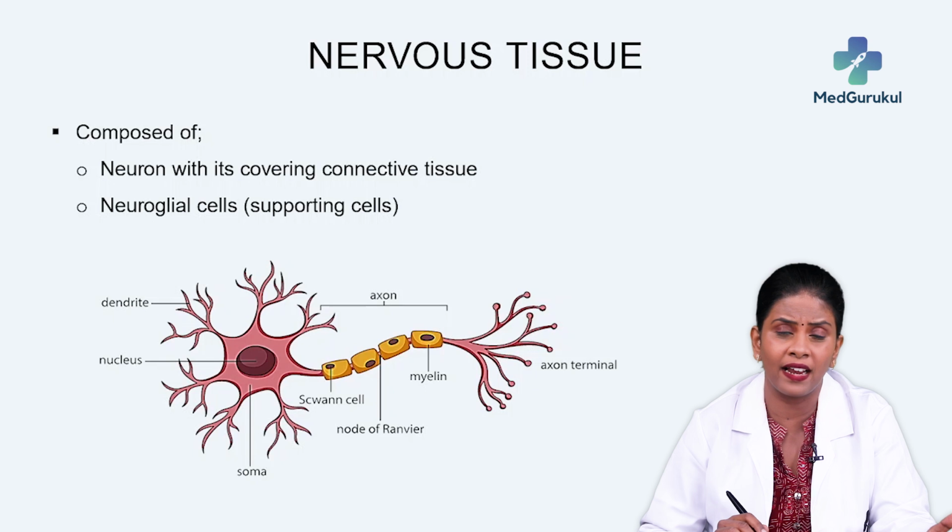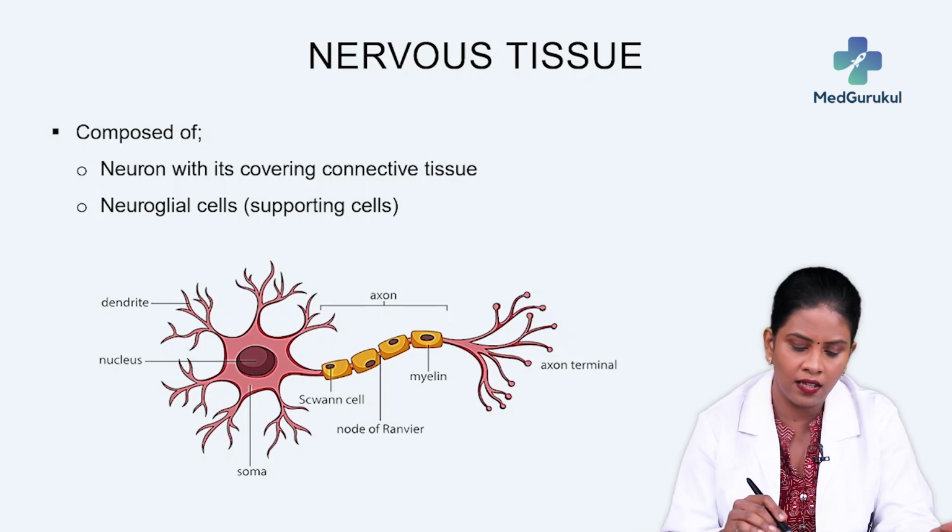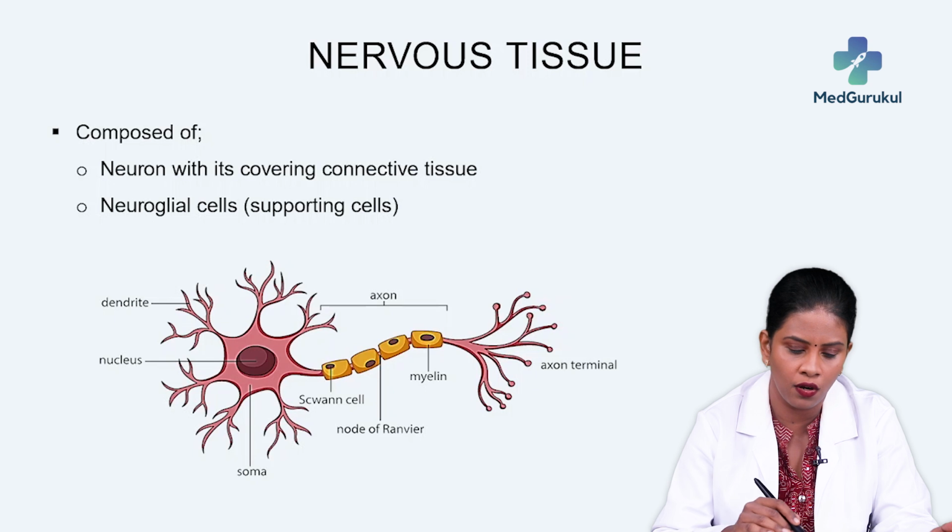What are these neuroglial cells? These are the supporting cells which support the neurons and nourish the neurons. In this picture, this is the structure of a neuron, where you can see the cell body and the processes from the cell body. The short processes are known as dendrites.